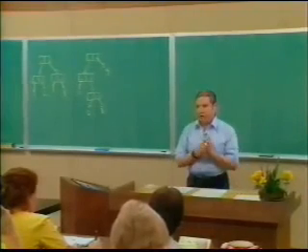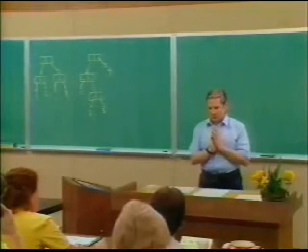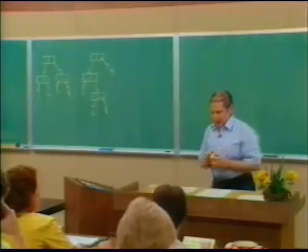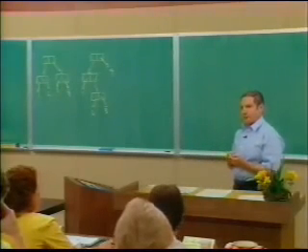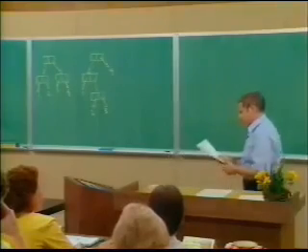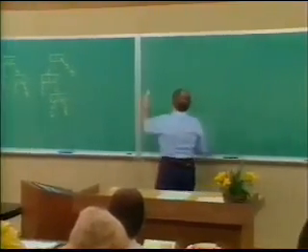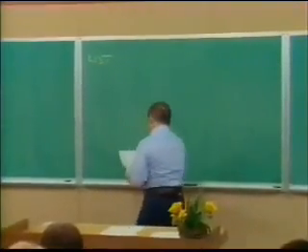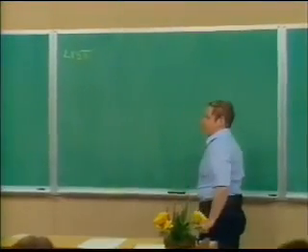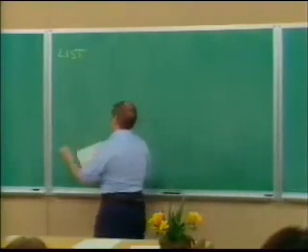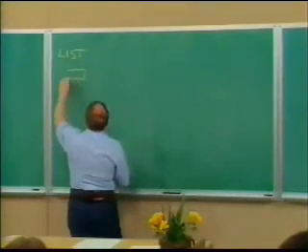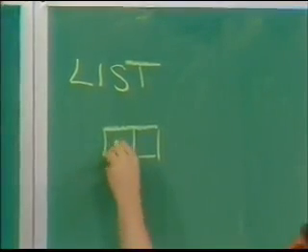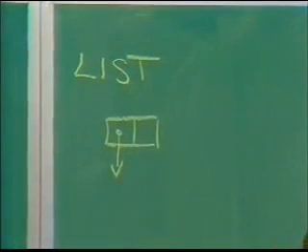And Lisp has a particular convention for representing a sequence of things as essentially a chain of pairs. And that's called a list. What a list is, essentially, is just a convention for representing a sequence. I would represent the sequence 1, 2, 3, and 4 by a sequence of pairs.